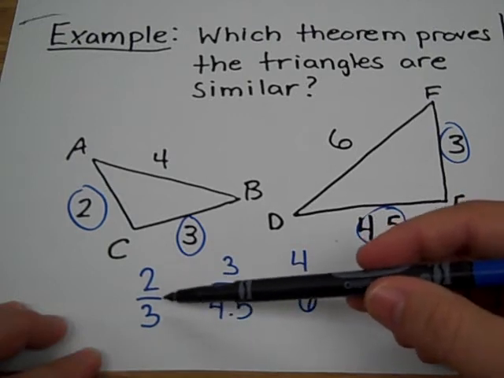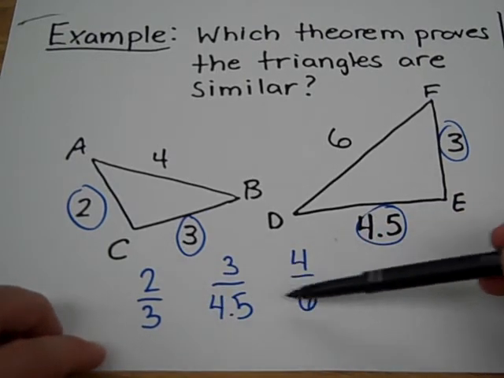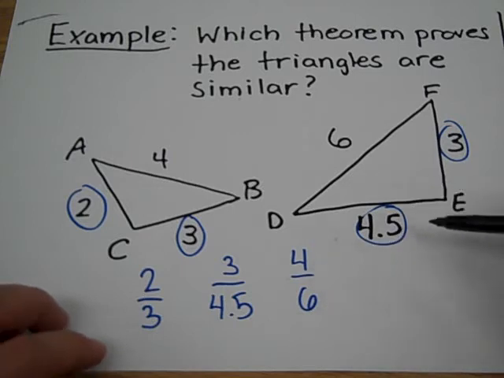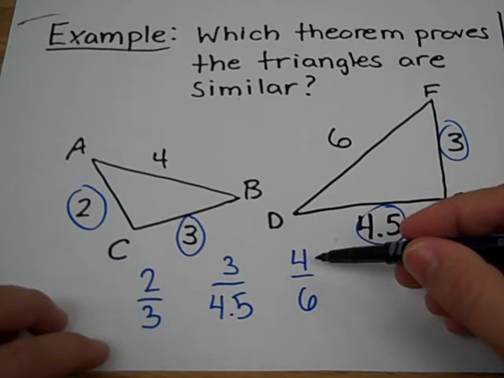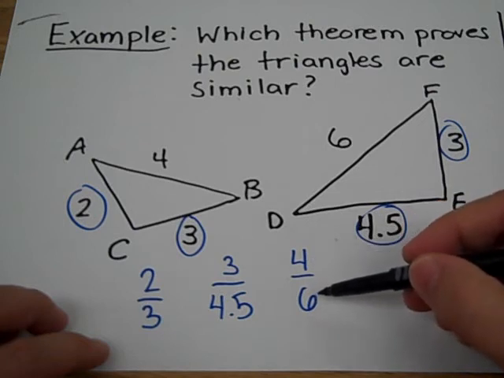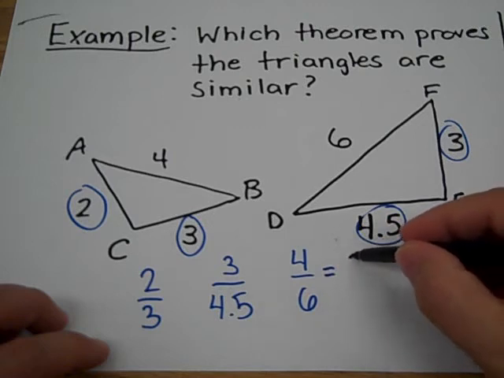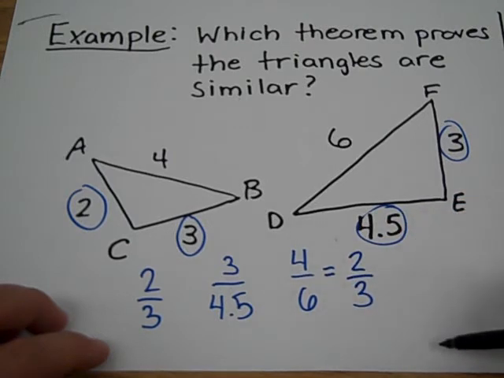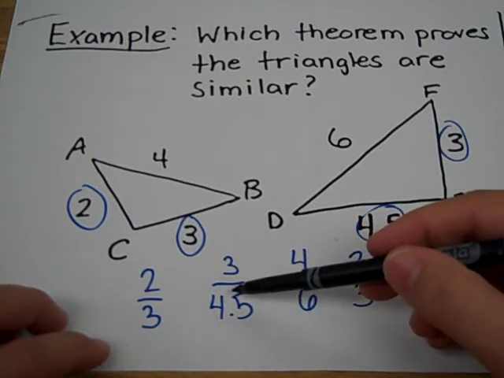So this 2 over 3 doesn't simplify any further, so I need to see if these two fractions reduce to 2 over 3. Well, in this one over here, 4 over 6, I know that 4 and 6 are both divisible by 2. And that simplifies to be 2/3. 3 over 4.5 is a little tricky.